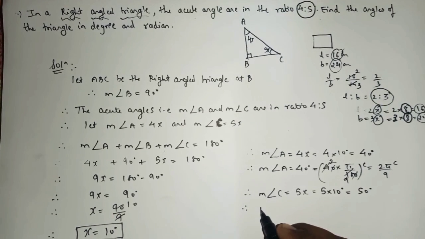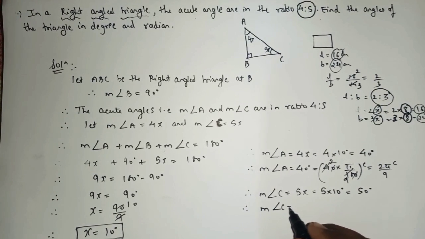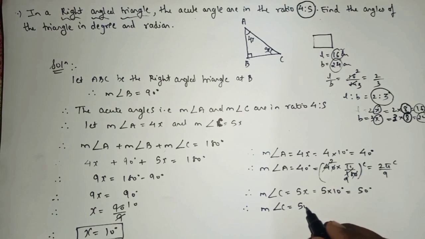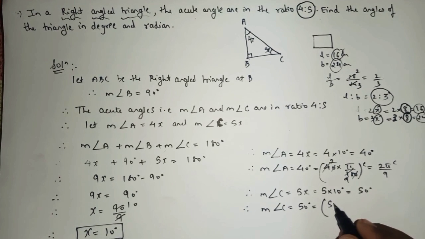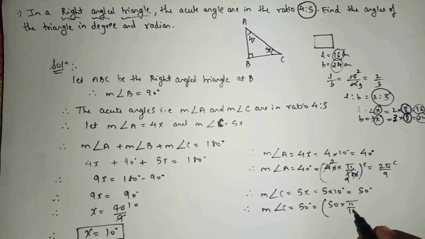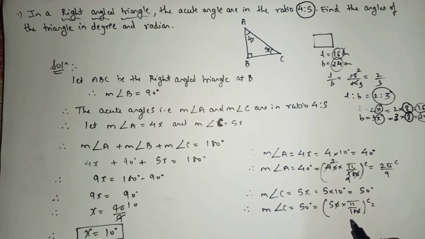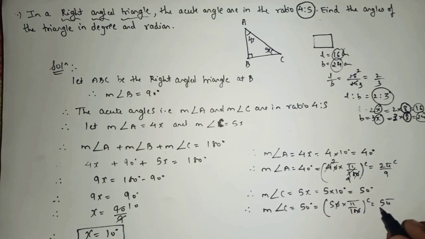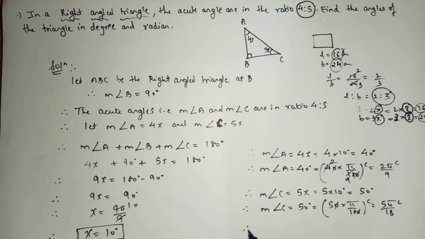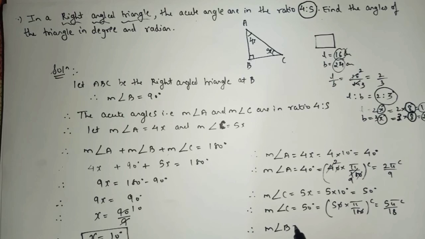So the measure of angle C is equal to 50 degree. Now we'll convert this 50 degree into radian. Simply multiply by pi by 180, the 0 will get cancelled, so you will be left with 5 pi by 18.